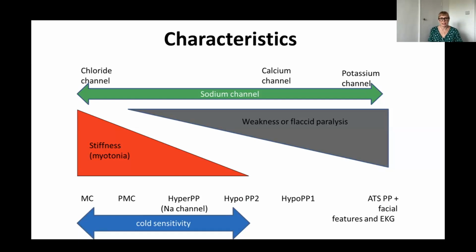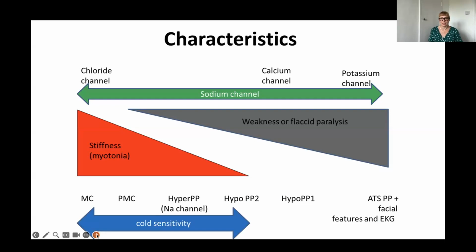So with myotonia congenita and paramyotonia congenita diagnoses, individuals may often have that cold sensitivity and suffer more with myotonia, whereas at the other end of the spectrum, people may experience more weakness or paralysis. But as we've said, how each individual is affected is so variable, even within the same family.